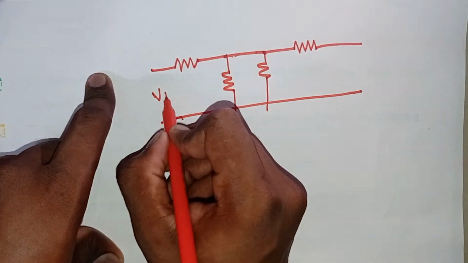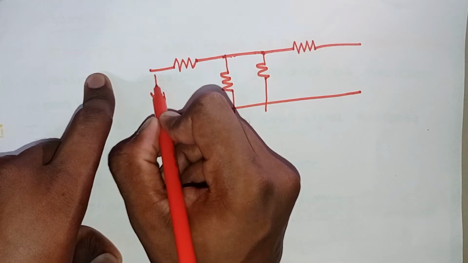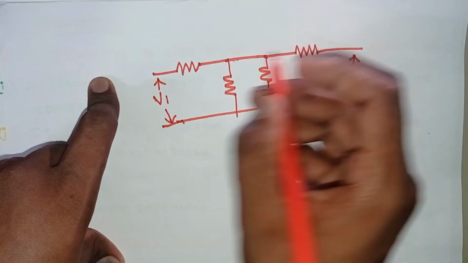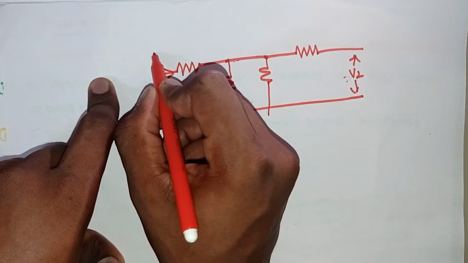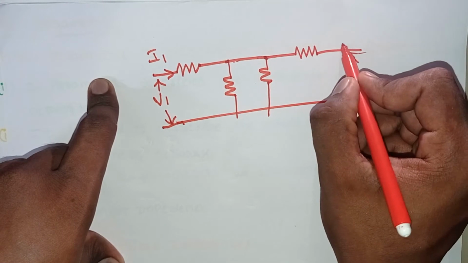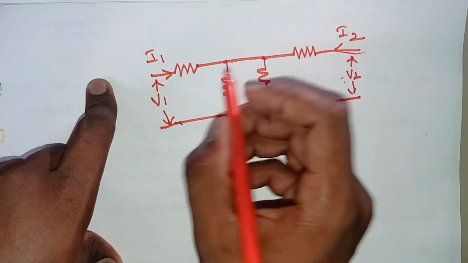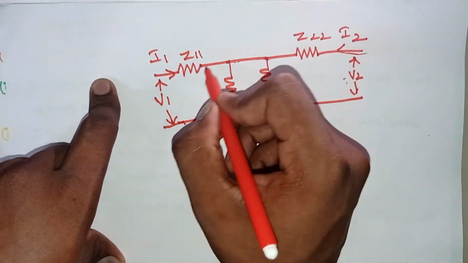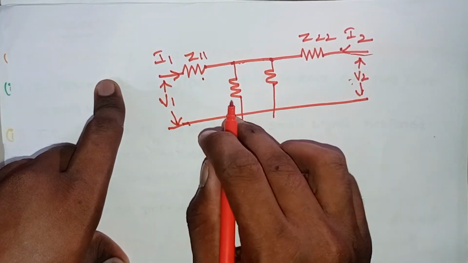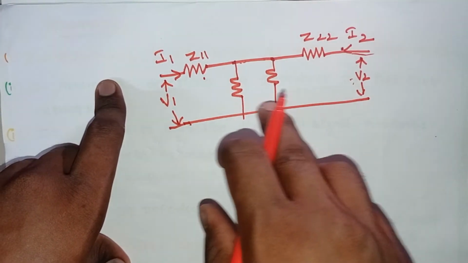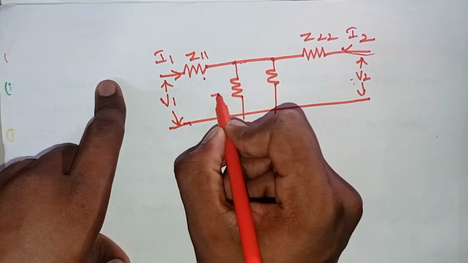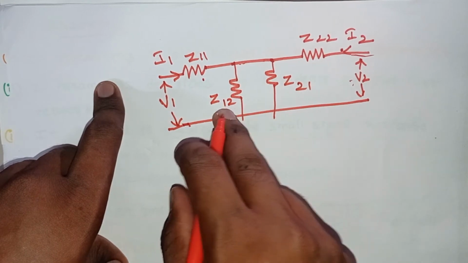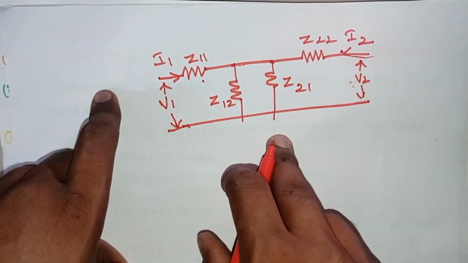The voltage applied between the input terminals is V1, the voltage applied between the output terminals is V2, the current flowing through the input port is I1, and the current flowing through the output port is I2. Let's consider this is Z11 and this is Z22. This is input impedance and this is output impedance, and in between we have Z12 and Z21. In most cases Z12 is equal to Z21.